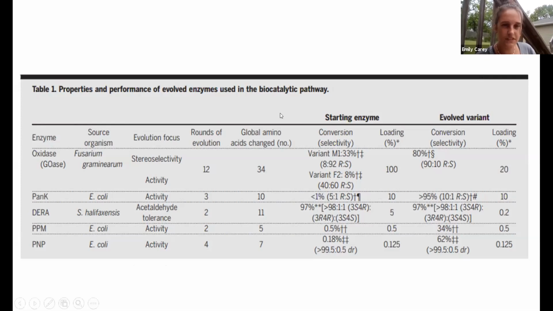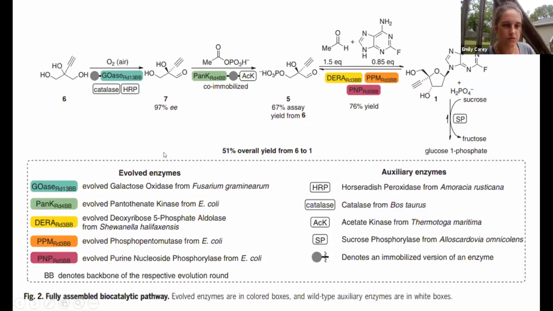And then this was their final scheme. Basically these are all their evolved enzymes that they trained to do certain things, and these are the auxiliary enzymes. What those do is prevent the steps from being reversible.